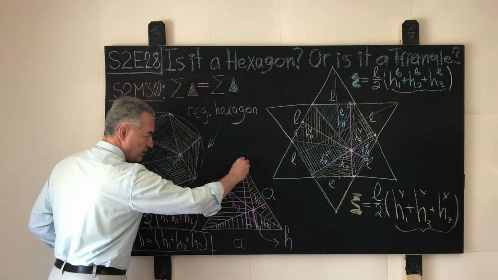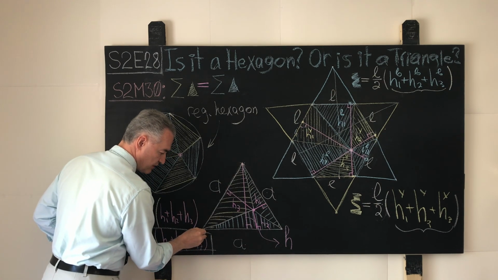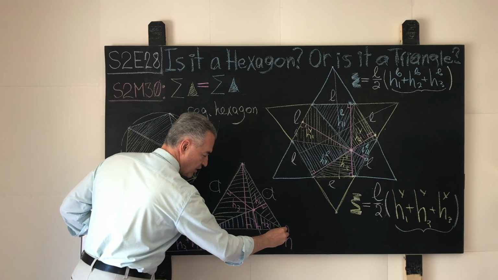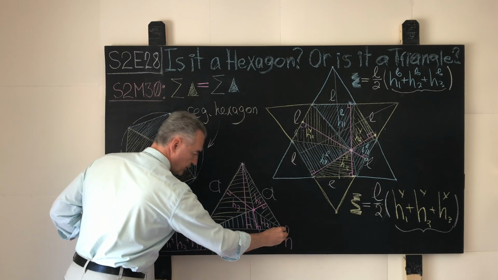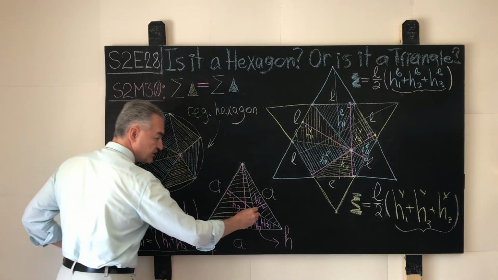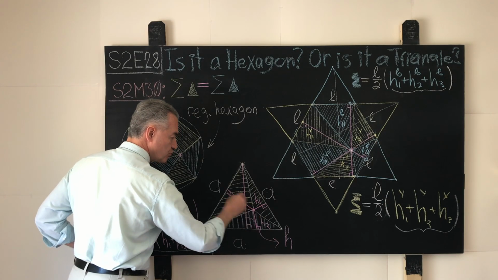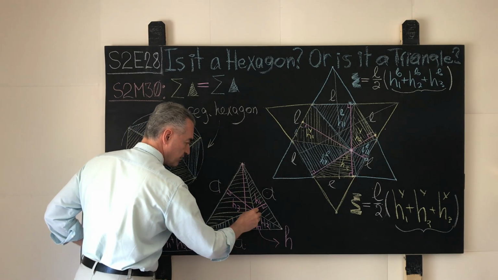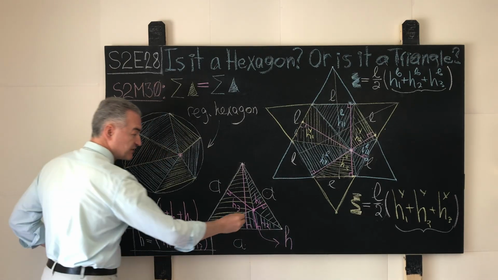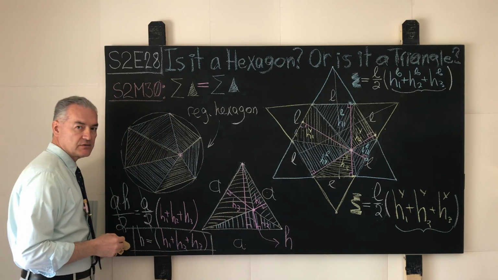The height constructed from this vertex, H, is the same as the height constructed from this vertex, H, and exactly the same as the height constructed from this vertex, H. That means that the sum of distances from the interior point in an equilateral triangle to the sides of that triangle does not depend on the specific position of that point inside that triangle.